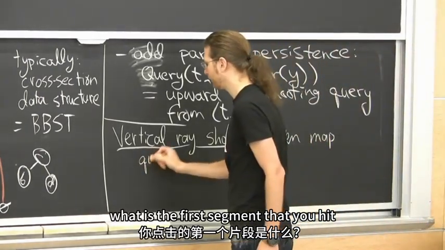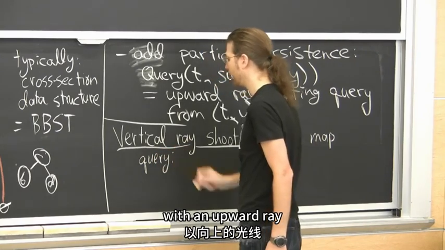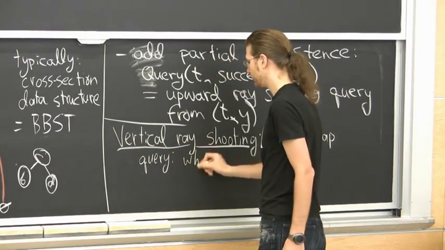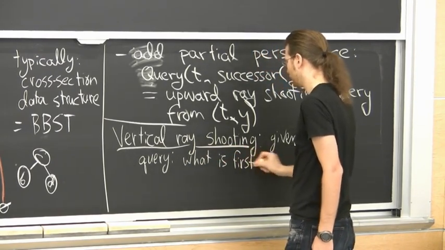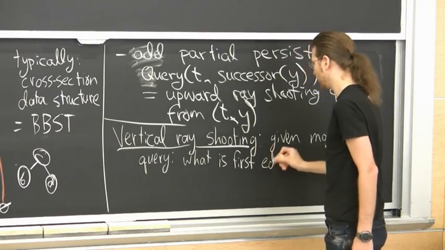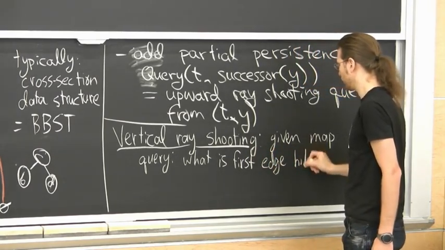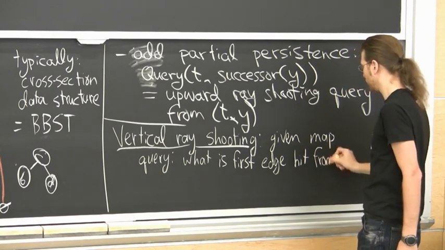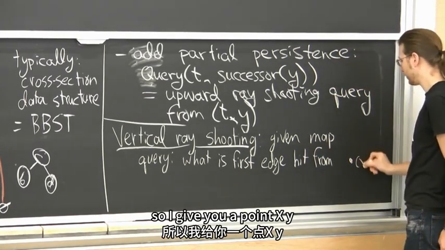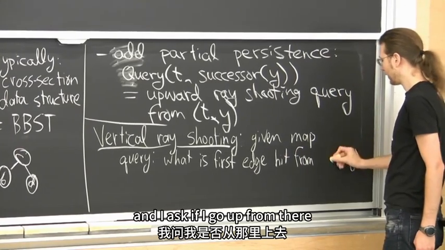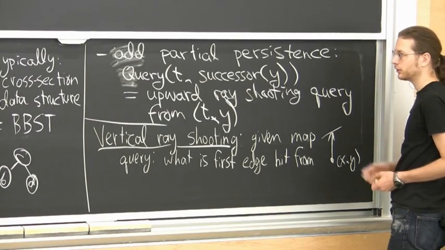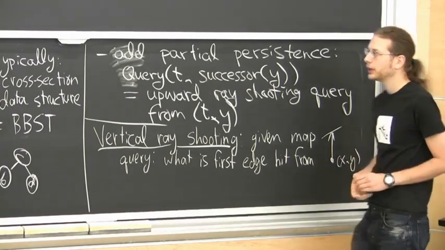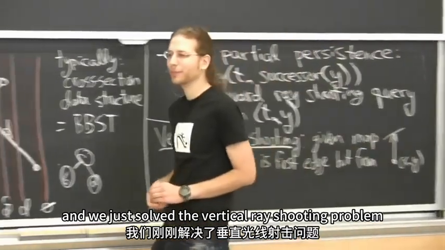What is the first segment that you hit with an upward ray? So I give you a point, x, y, and I ask if I go up from there, what's the next edge that I hit? That's a vertical ray shooting problem, and we just solved the vertical ray shooting problem.